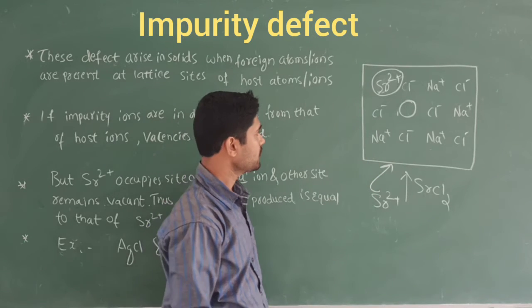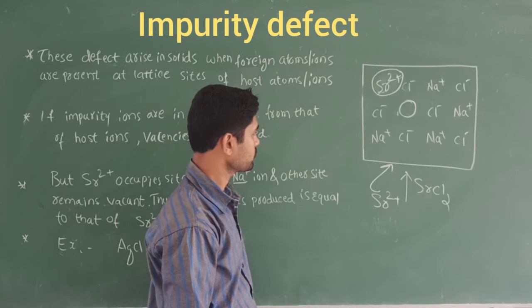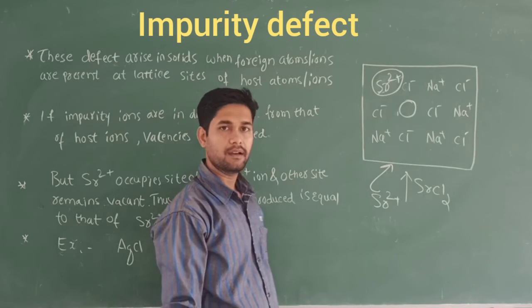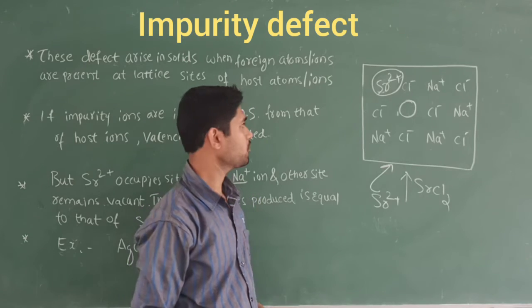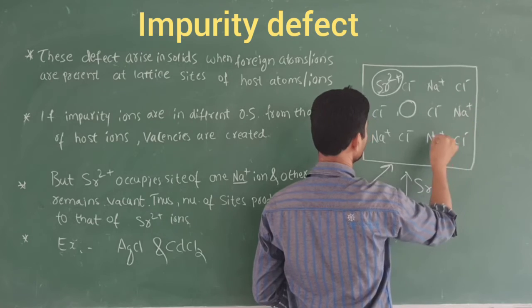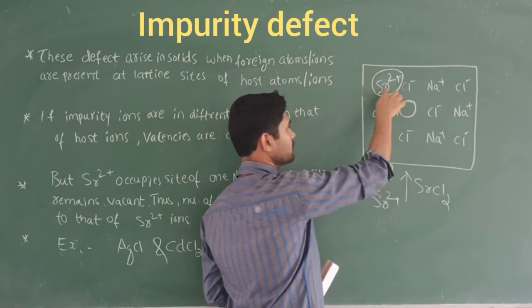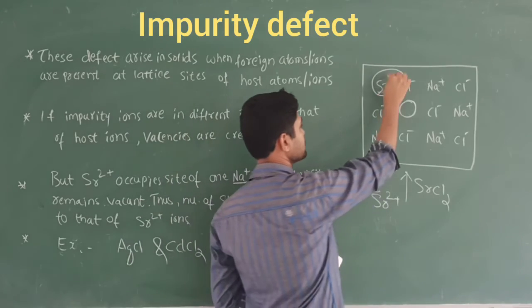Now you can see what about the cations and anions, and the electrical neutrality is balanced. How? Consider the Na plus: 1, 2, 3, 4, and here 5 will be there. 5 Na plus gives plus 1 charge each, and this is plus 2.